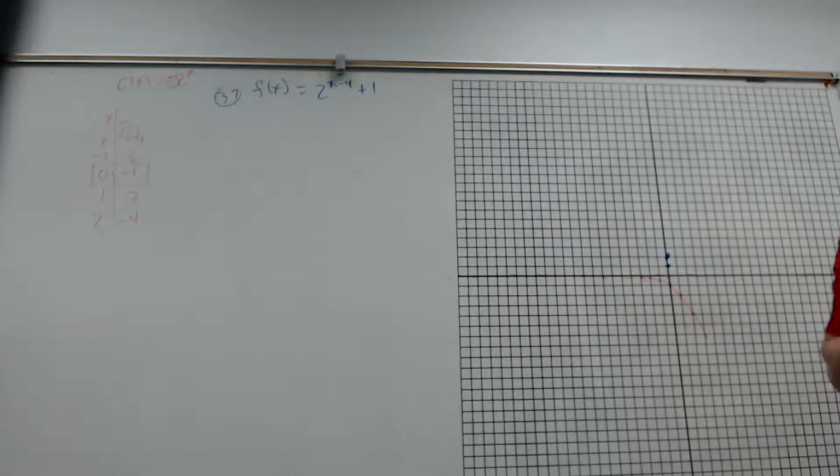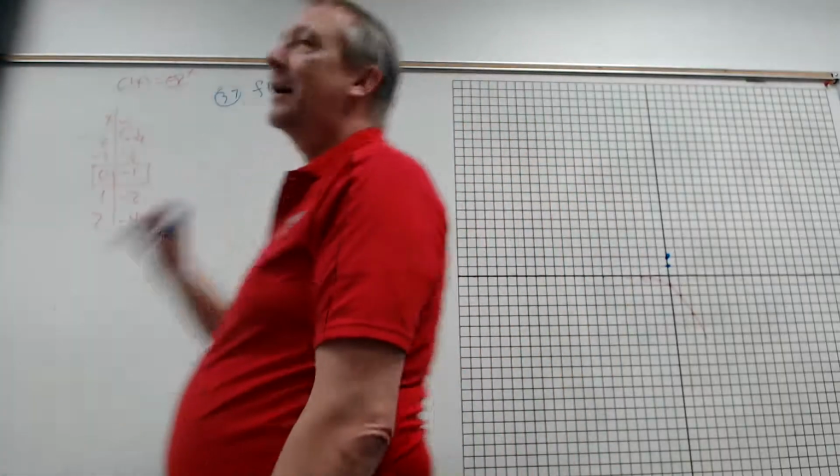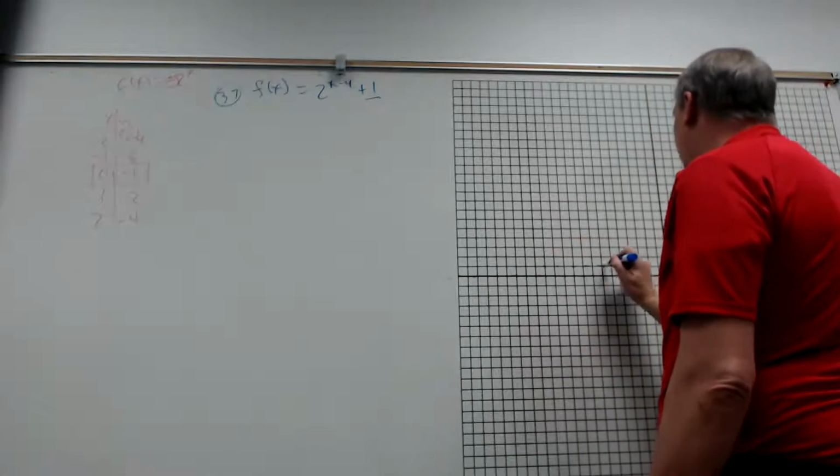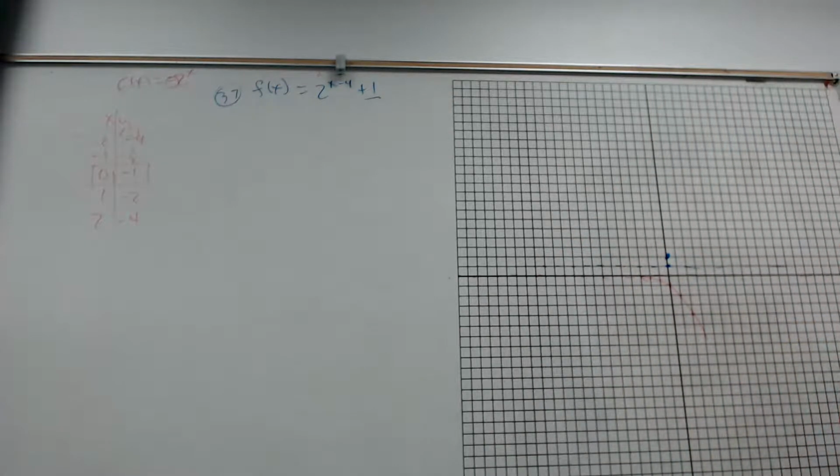Okay? And so this +1 also moves my what? My asymptote. So my asymptote is going to be right here, correct? Okay? So everything's moved up 1. Now what does the -4 do? Moves it to the left 4. Are you sure?